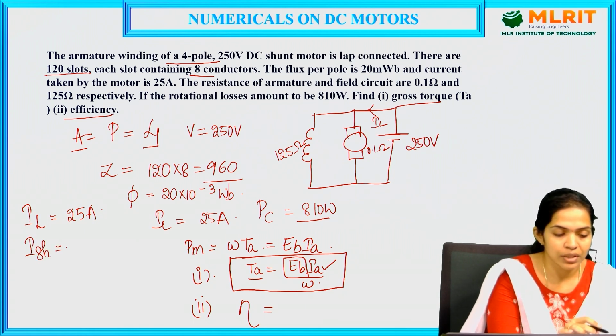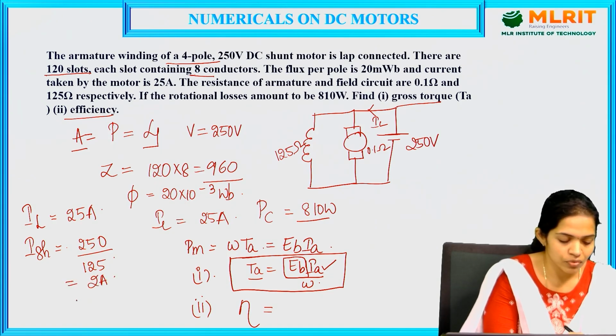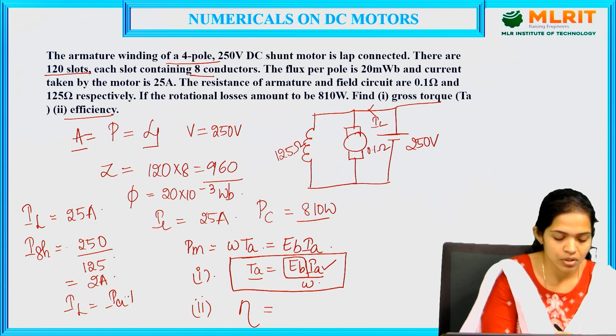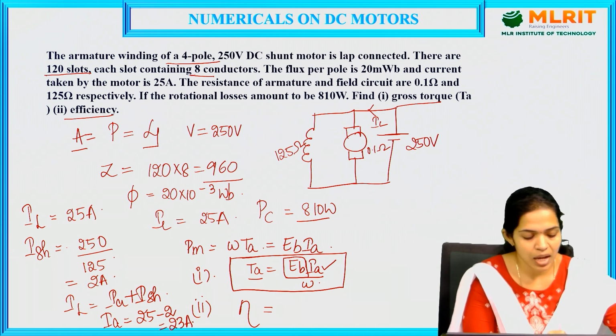So to calculate the shunt field current, we have the voltage 250 divided by 125, which is nothing but 2 amperes. So for the motor, we know that line current is equal to armature current plus shunt field current. So from this, armature current will now be 25 minus 2, which is nothing but 23 amperes. So we got the armature current value here.